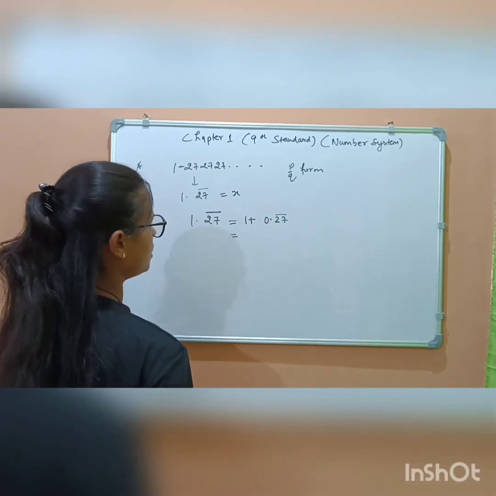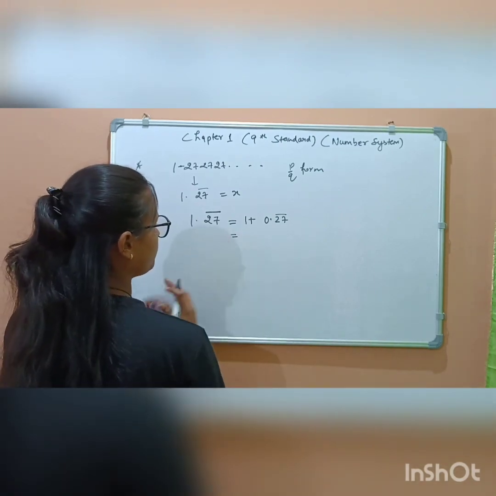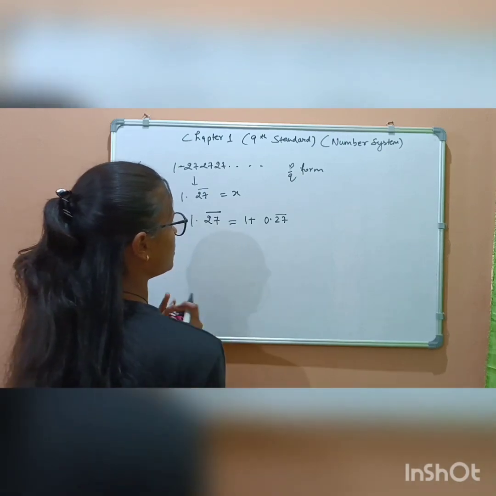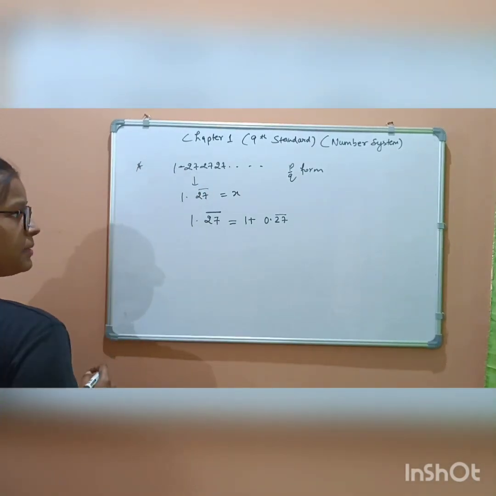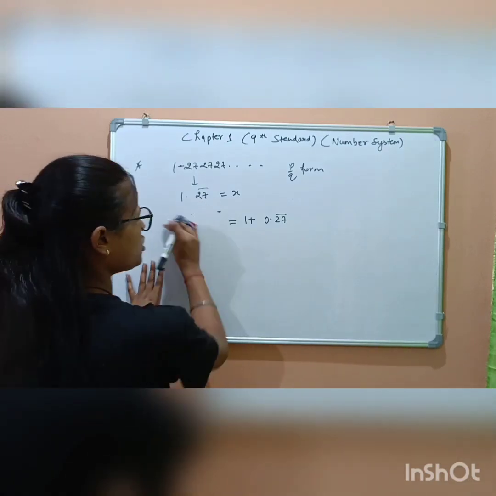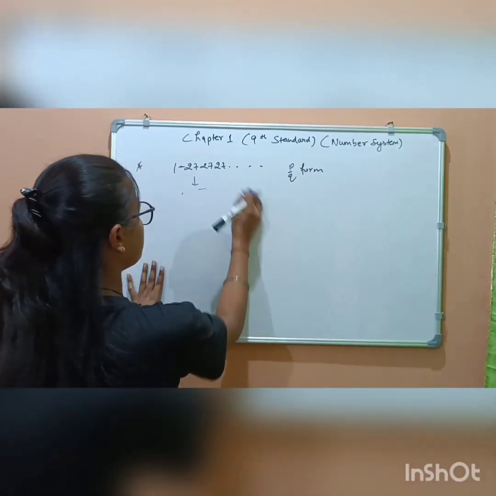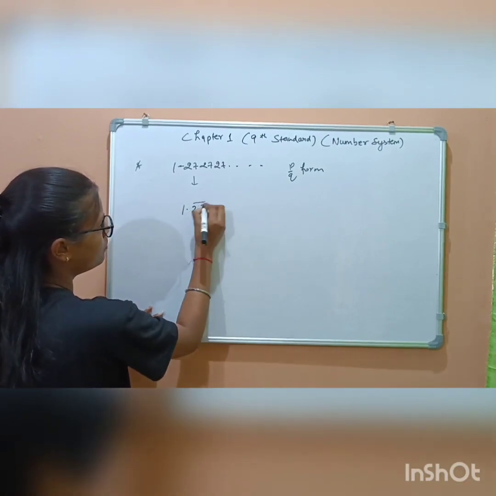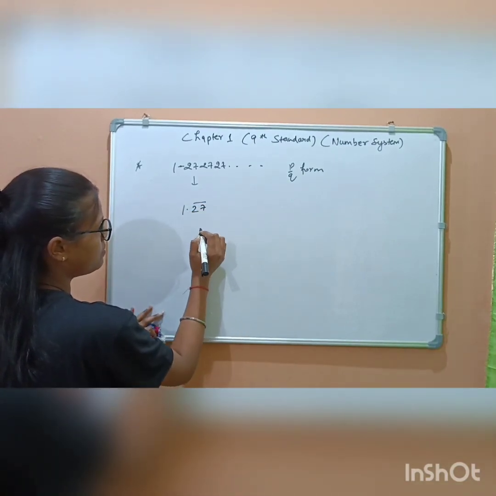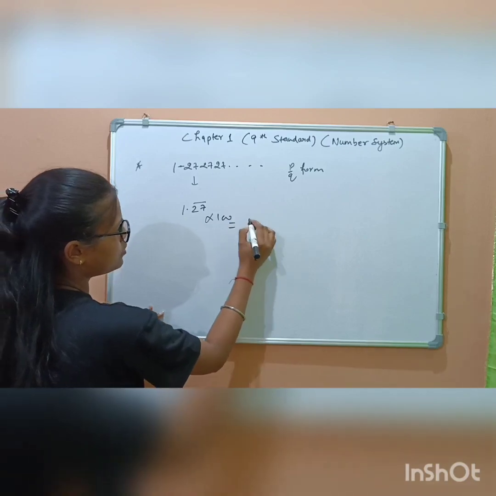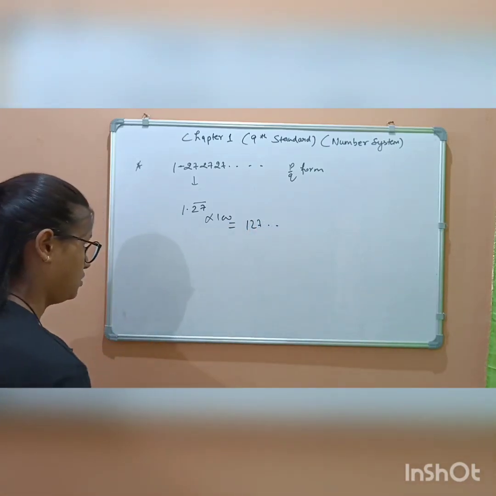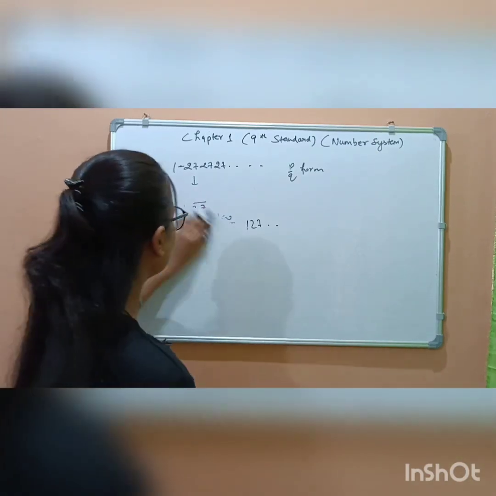Now if I will multiply, sorry, it should not be done like this, it must be done like this. If I have 1.27 bar, I have to multiply it by 100, so that this will become 127 point something like this. So yeah, simple.